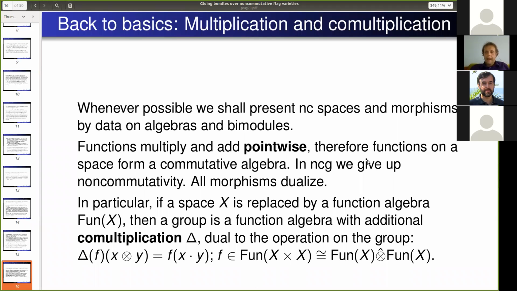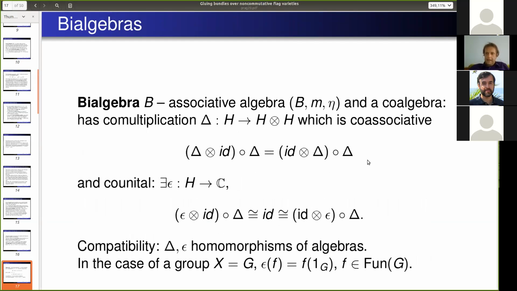Now I go back to the basics. So I was mentioning Hopf algebras. A Hopf algebra is based on the example that you consider functions on a group. So you know functions on a space just multiply. If it's a group, they also co-multiply. It's a dual operation.